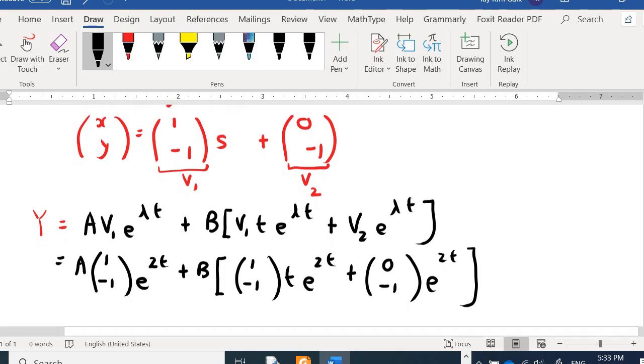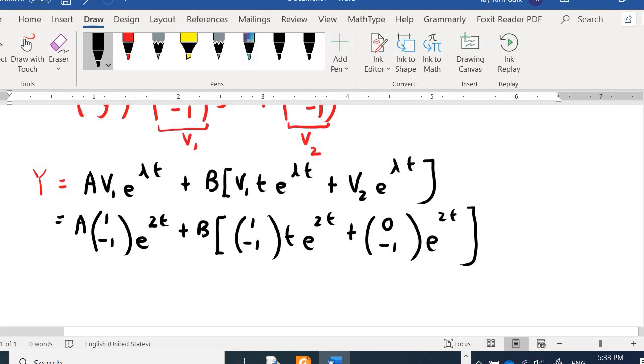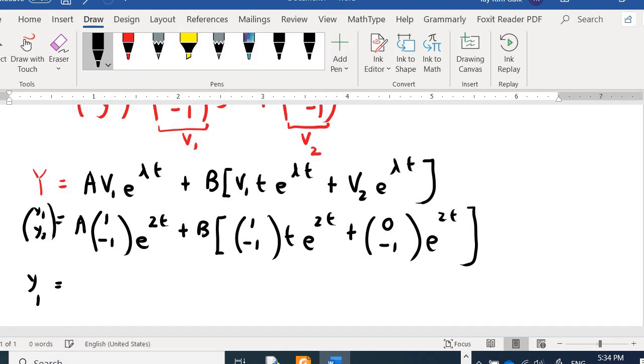This is y. Okay, y actually we have the y1, y2. If you want each of it, y1, pick up all the first row. So a exponent 2t plus b, 1 times t times exponent 2t. So b t exponent 2t, and then have this. Okay, this is 0 times here, so 0.